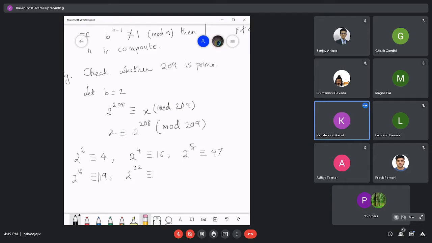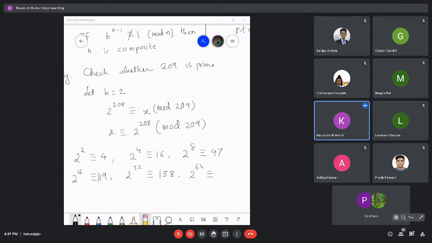This is the repeated squaring approach that we are using. 158, correct. 2 raised to 64 is 93.